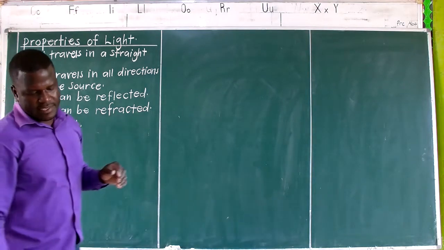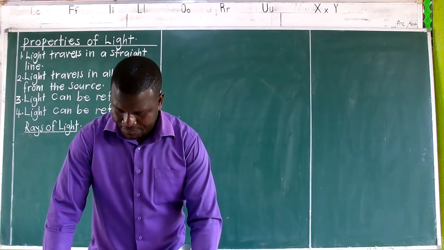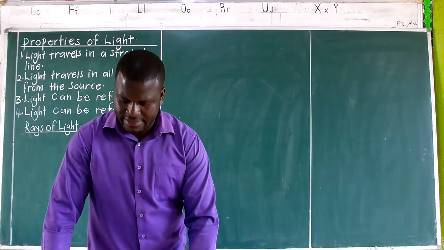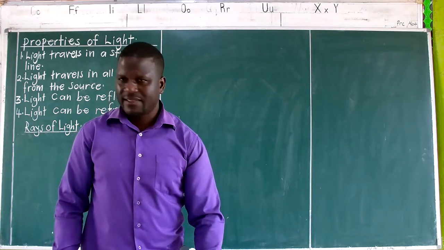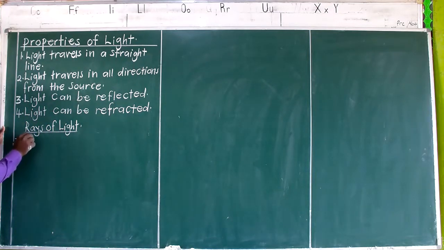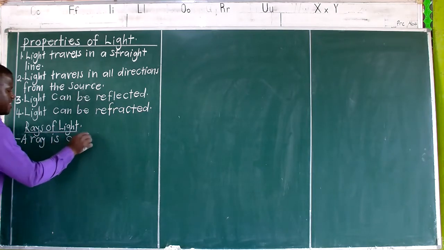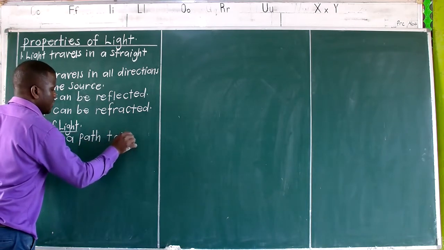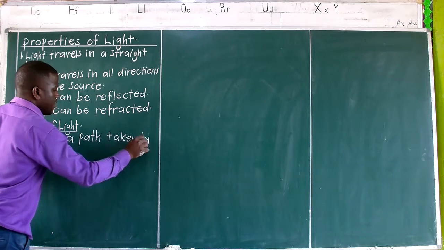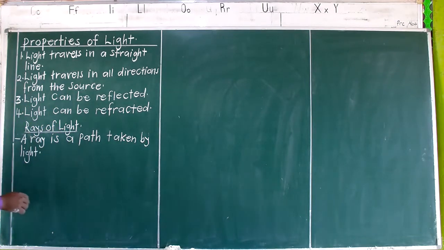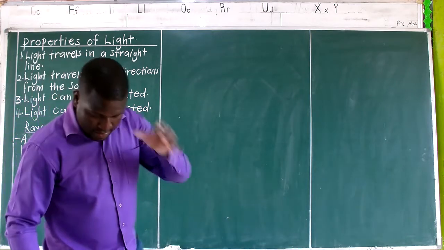A ray of light is a path taken by light. A ray is a path taken by light.